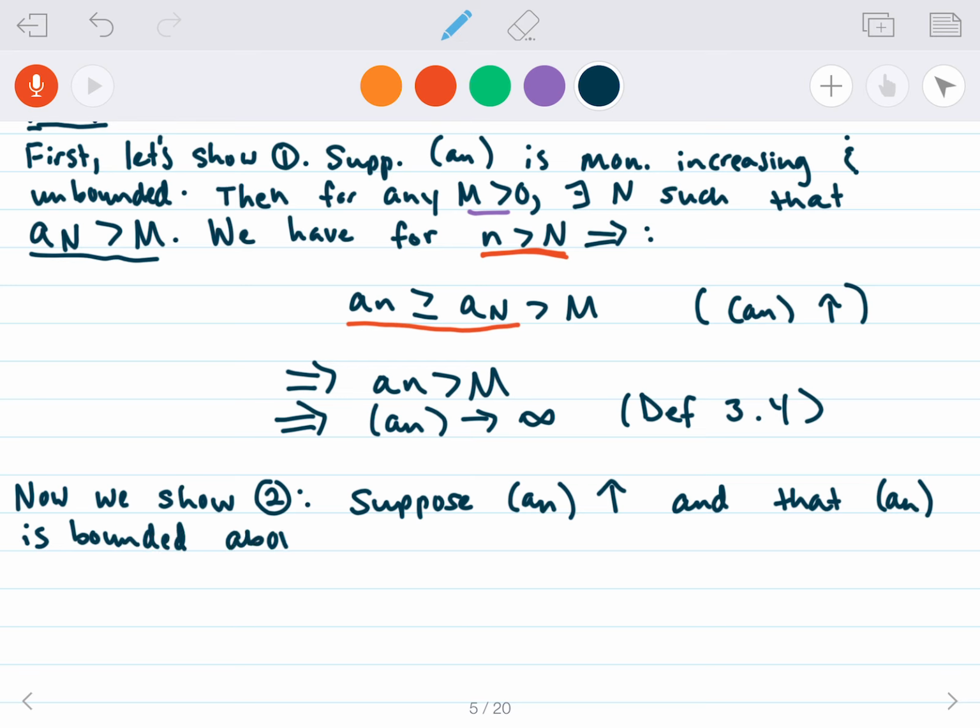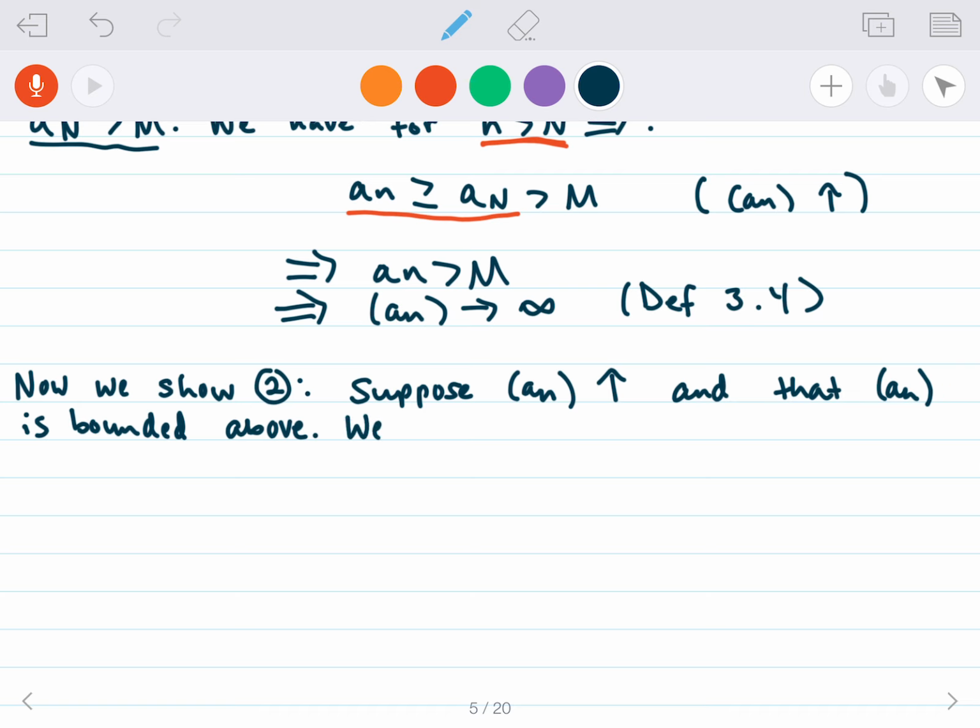Okay, so since our sequence is bounded above, all of the terms in our sequence are bounded, and so the set of all terms in our sequence is bounded, and so it has a least upper bound by completeness.